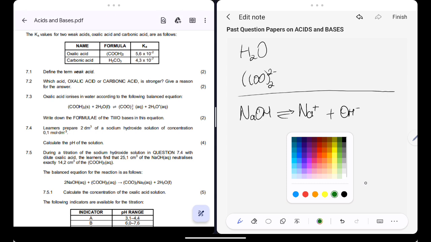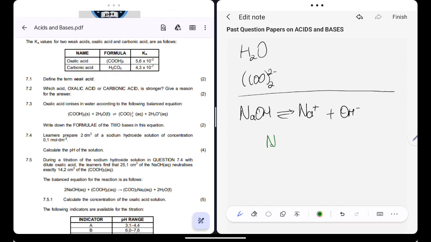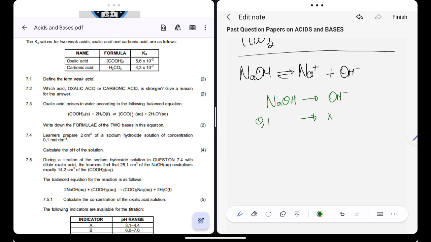I know that 1 mole per cubic decimeter of sodium hydroxide will give me 1 mole of hydroxide ions. But now I don't have 1 mole per cubic decimeter, rather I have 0.1. I want to know how much hydroxide ions I will form.